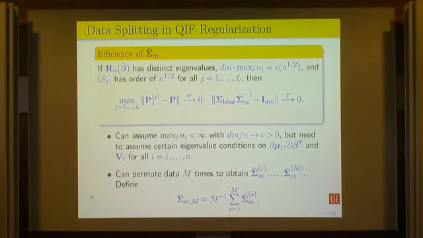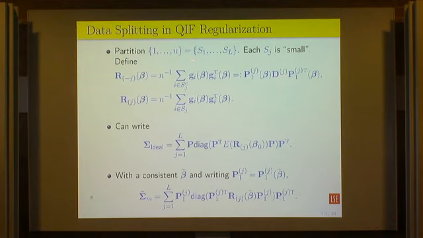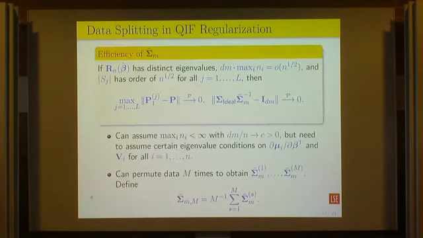Because you have independent data, you can permute the data and evaluate this sigma m again. We are splitting 1 to n into different groups. If we permute this data and do this over again, we can obtain different estimators.